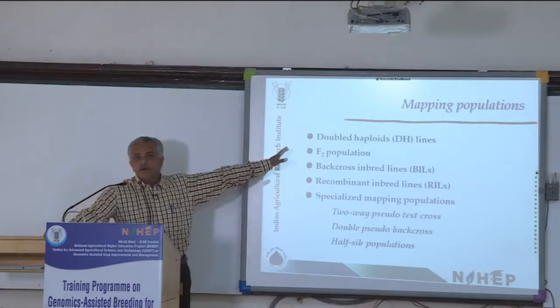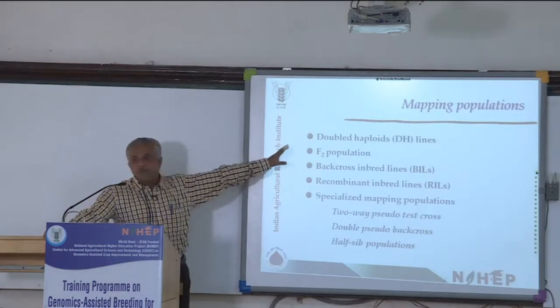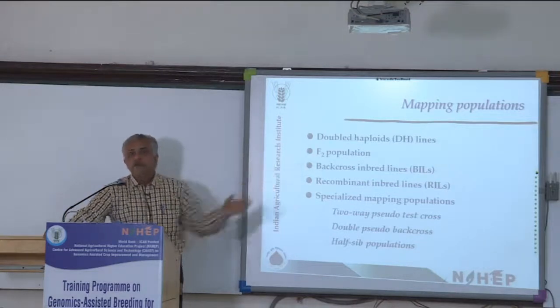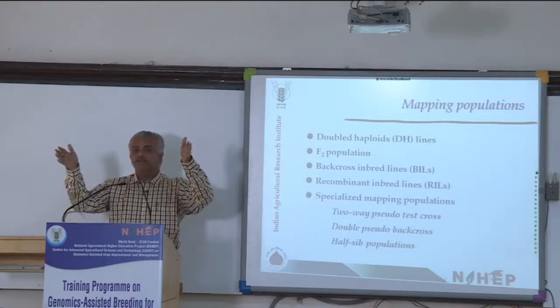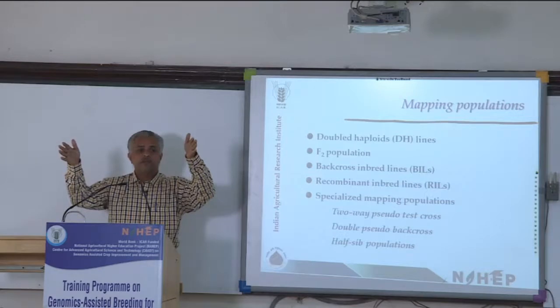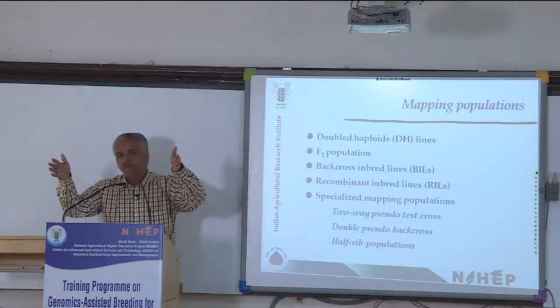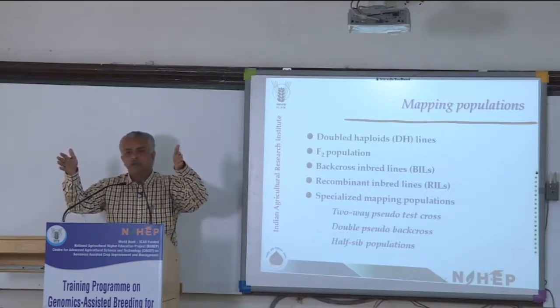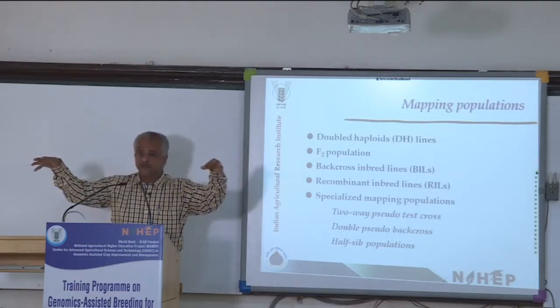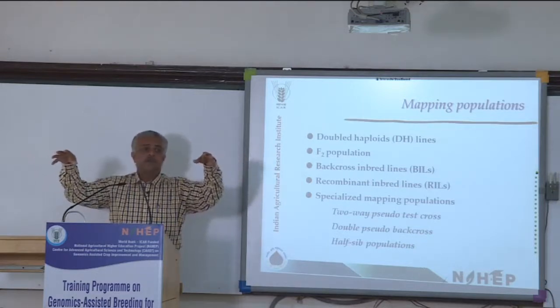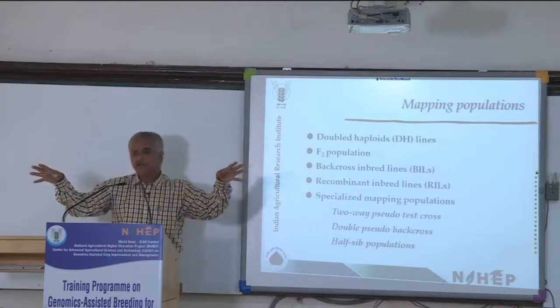When you make the mapping populations, you must understand that the mapping population has a genetic framework bracketed between your two parents, parent 1 and parent 2. It cannot have any other genetic variation unless there is a contamination from outside.